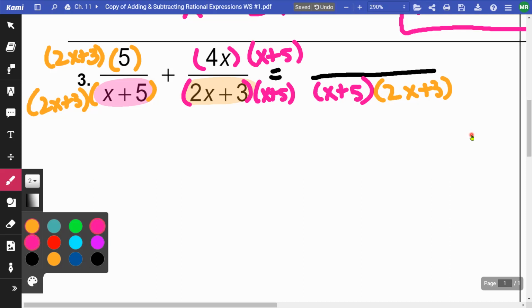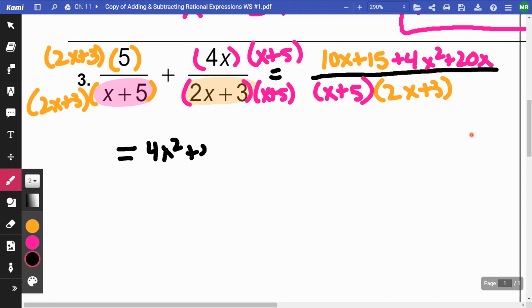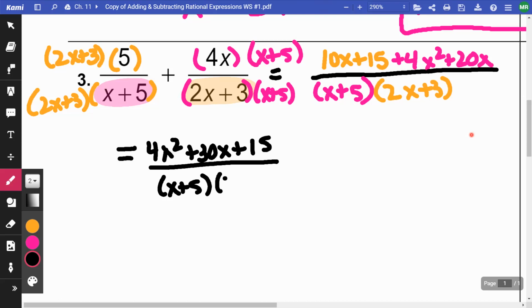So I am going to distribute the top part here and get 10x plus 15. And then the second one is going to be 4x squared plus 20x. So I'm going to get 4x squared plus 30x plus 15 over x plus 5 times 2x plus 3.